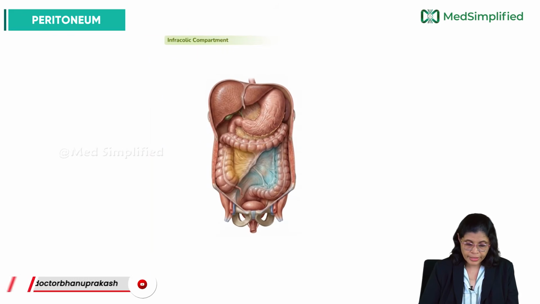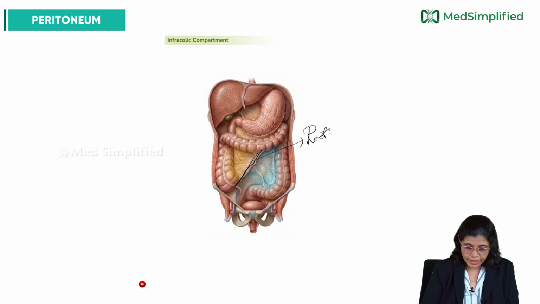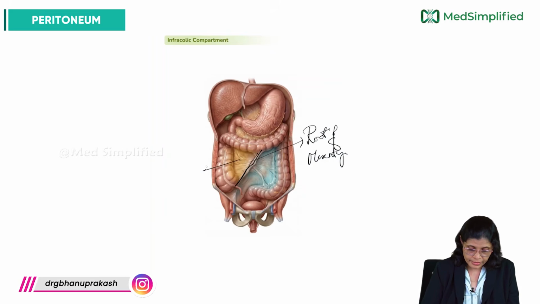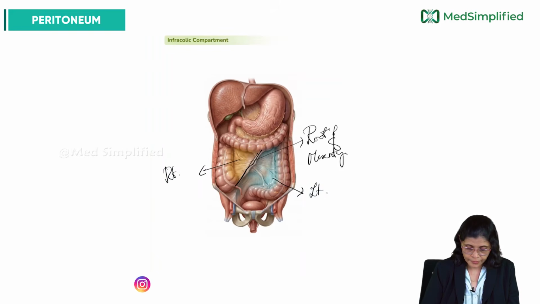This infracolic compartment is further divided by the root of the mesentery. The root of the mesentery divides the infracolic compartment into two parts, a right infracolic and a left infracolic.